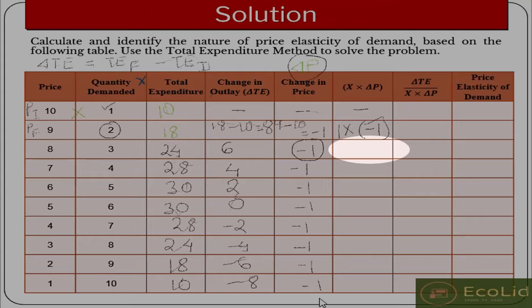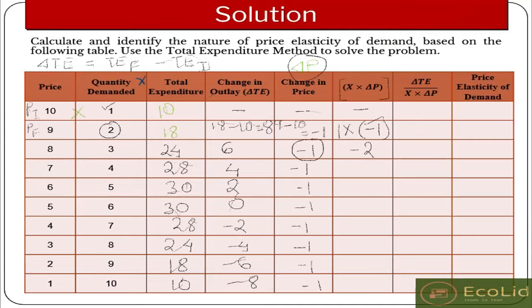So here 2 into minus 1, so we will have minus 2. When the price is 7, this is minus 3. So minus 4, then minus 5, minus 6, minus 7, minus 8 and finally minus 9.